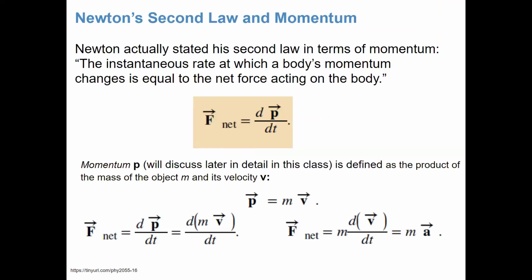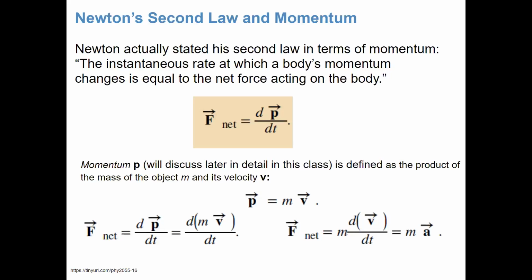All right. So you are most familiar with the expression of net force equal to m times a. But when Newton first proposed his second law, he didn't write it in that expression. He actually wrote net force equal to the time derivative of momentum.